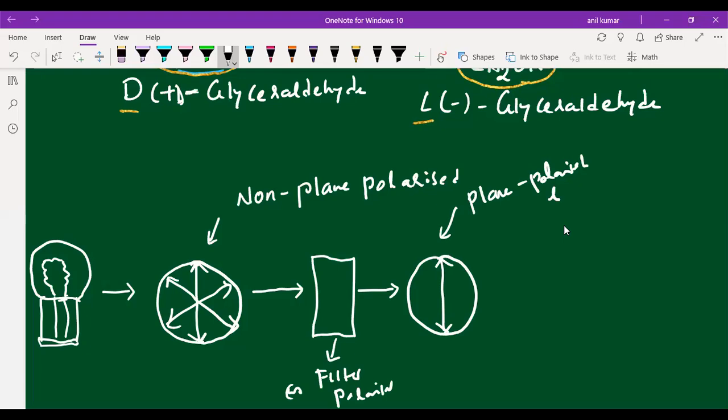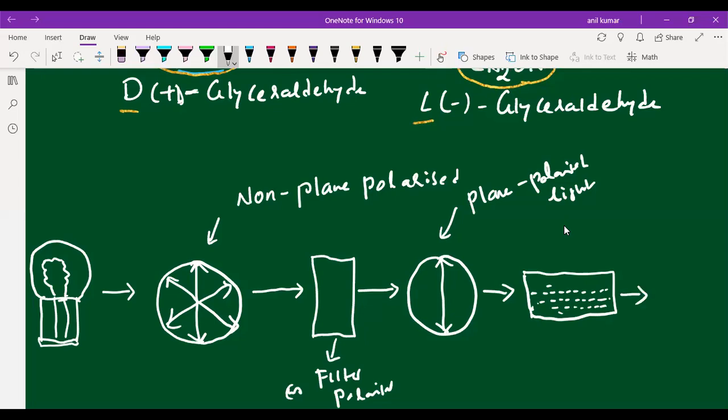This plane polarized light we pass through the test solution. Here we keep a compartment. In this compartment we take a compound to test whether it has optical activity or not. We dissolve that compound in a suitable solvent and pass the plane polarized light through it.